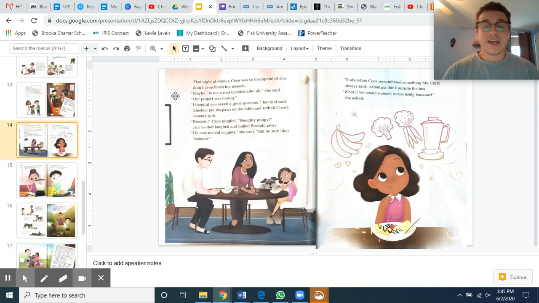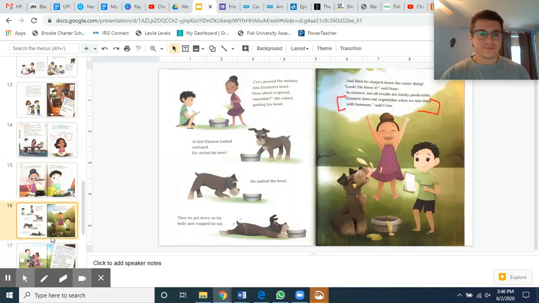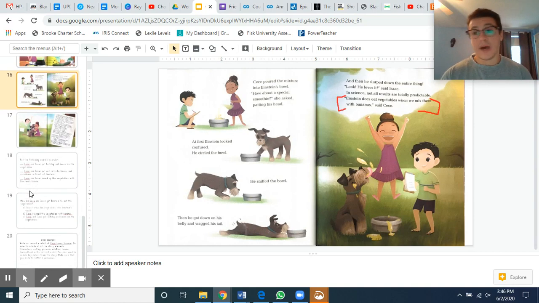So, because they couldn't figure out a way to get Einstein to eat vegetables, Cece doesn't think that she's a very good scientist anymore. So the problem is that they couldn't figure out how to get Einstein to eat the vegetables. Then the solution is that they blended the vegetables with bananas and Einstein ate it. I don't know why, because that doesn't sound very tasty, but he liked it.